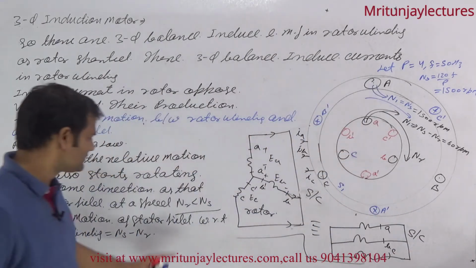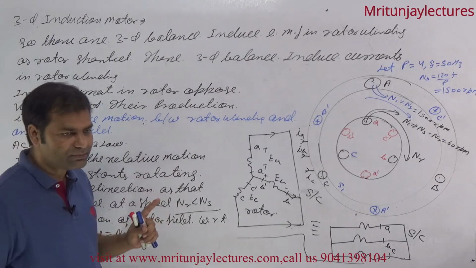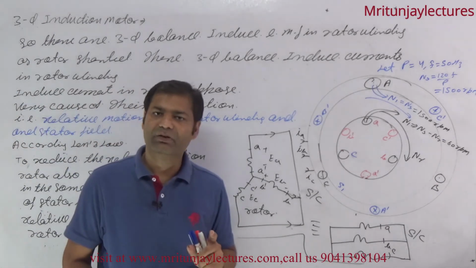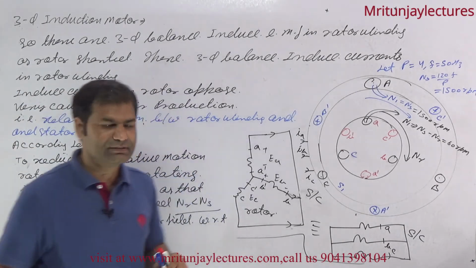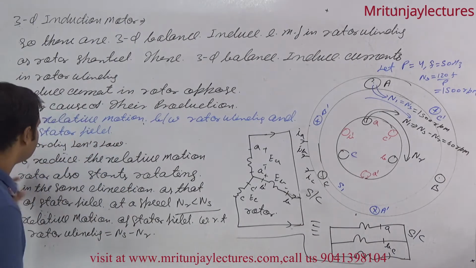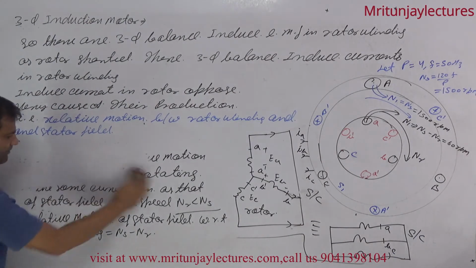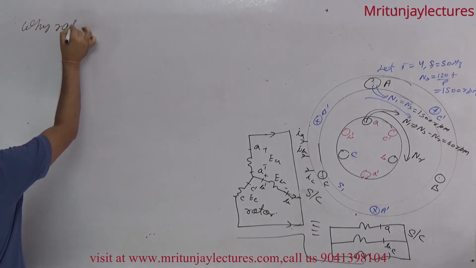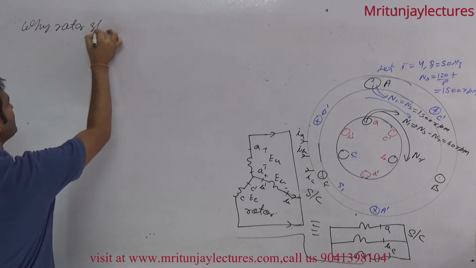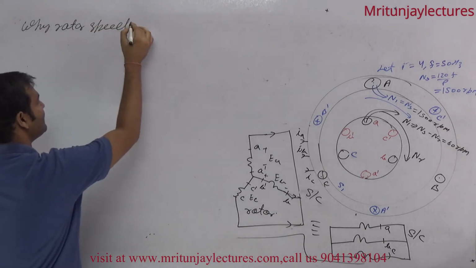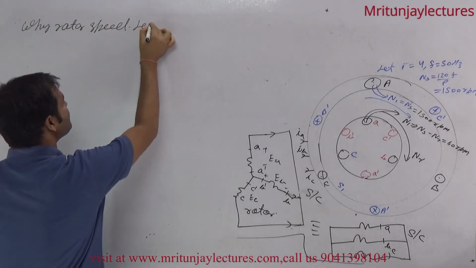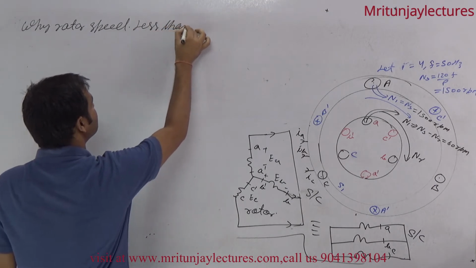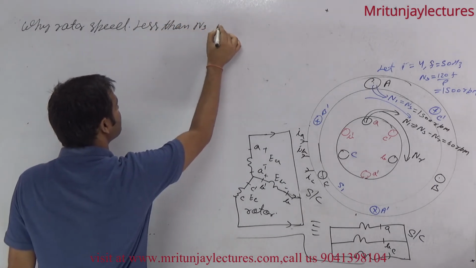Now the first question arises: the rotor is rotating with speed Nr, so why is Nr not greater than Ns? Why is the rotor speed less than Ns?